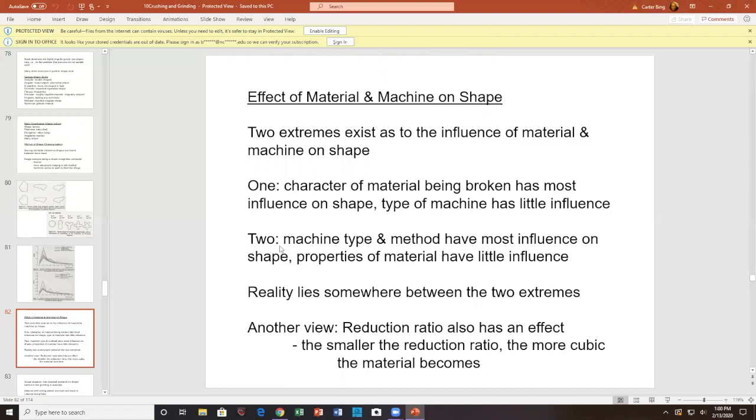The other extreme is that the machine type controls the particle shape, and the properties of the material have very little influence. So reality lies between the two extremes. In other words, the reduction ratio also has an effect. The smaller the reduction ratio, the more cubic the material becomes.